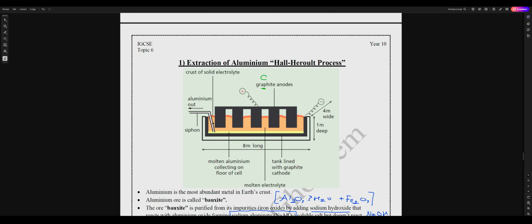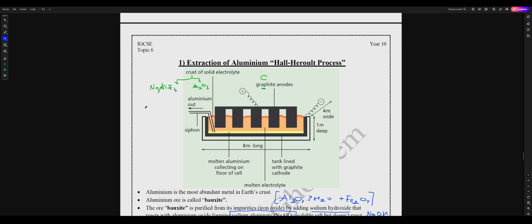And this is a siphon where we get the aluminum out, and we have the crust of solid electrolyte, which, as we agreed, is actually cryolite, Na3AlF6, that's the cryolite, with the molten alumina, which is the Al2O3, as we've agreed, which is the aluminum oxide.